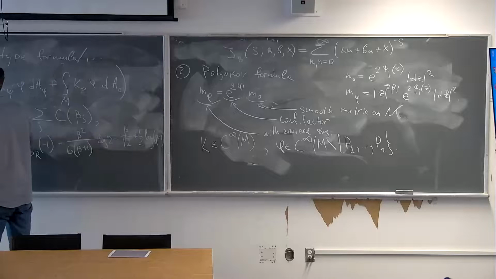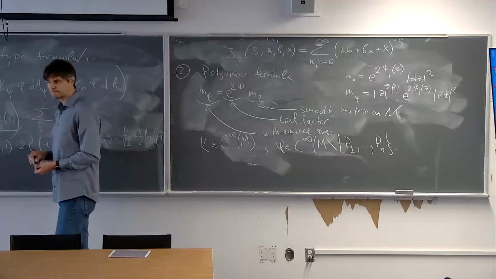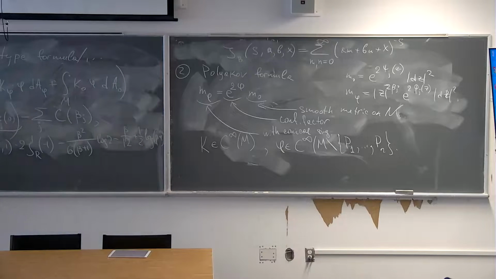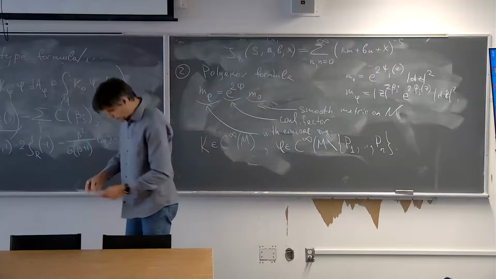It's a simple exercise on differentiation. So those terms starting from here describe how the determinant in the conical metric depends on those conical singularities, because we compare this determinant to a determinant in the smooth metric. Which is a new formula.